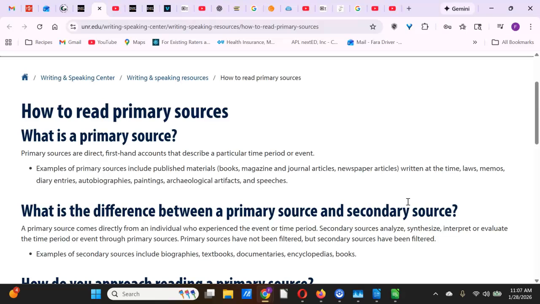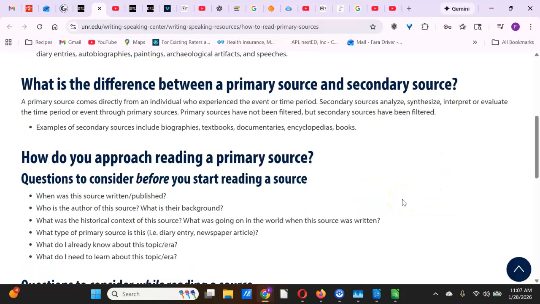Examples of these include things like books or memoirs or autobiographies, journals, journal articles, newspaper articles, laws, memos, diary entries, etc. All of these things were produced by someone living in the past, recording basically what was either happening to them or happening around them, or what was going on at the particular point in time that they're writing about.